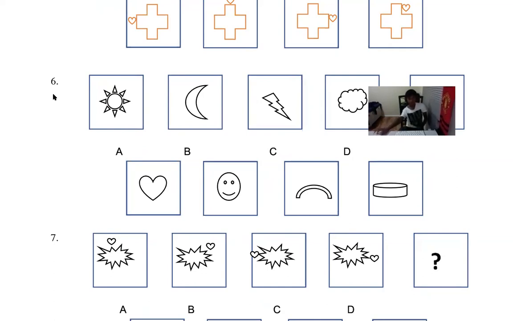I don't get it. I think C. That looks like a rainbow. What is number C? Melvin. Rain. Awesome. A lot of answers coming in.